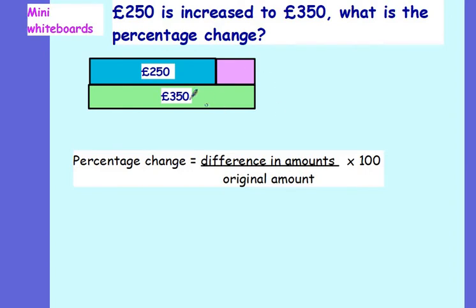Right, let's fill in the gap on my bar model. I've got 250 and I've increased to 350. So what's the difference in amounts for me, please, Evie? £100, lovely.